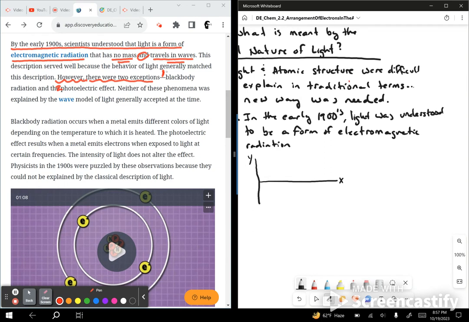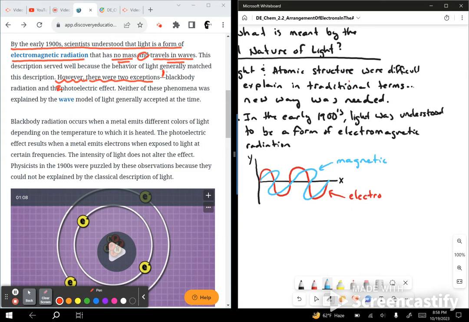And they'll show the light traveling like this, and they may say that that is the electric portion, and they may say something like this, where the y, this is the blue, is the magnetic portion.